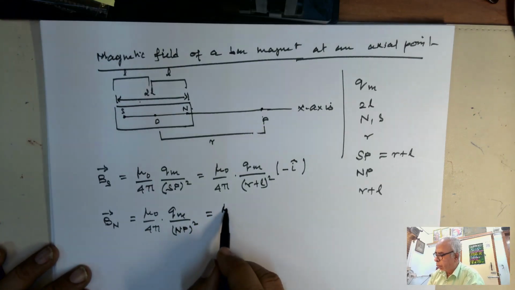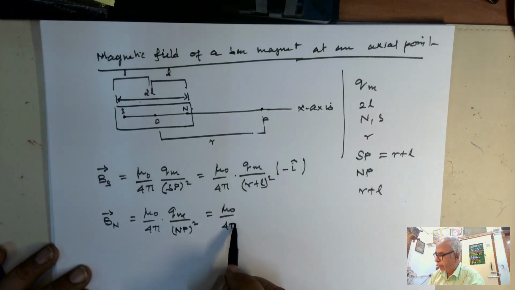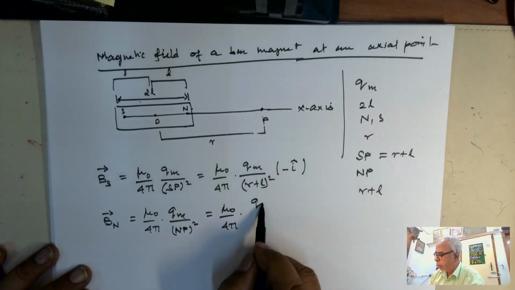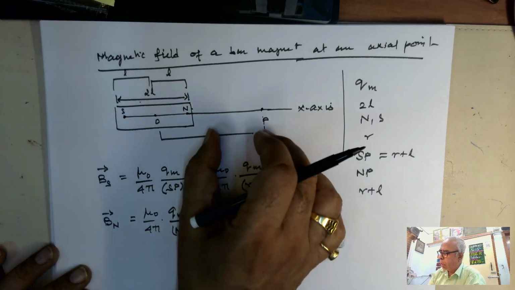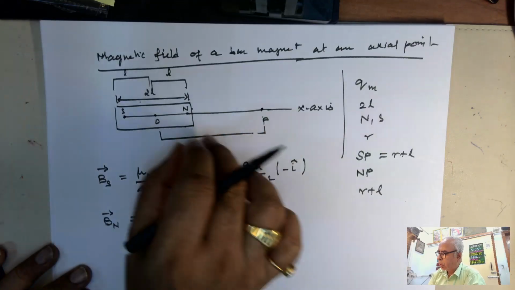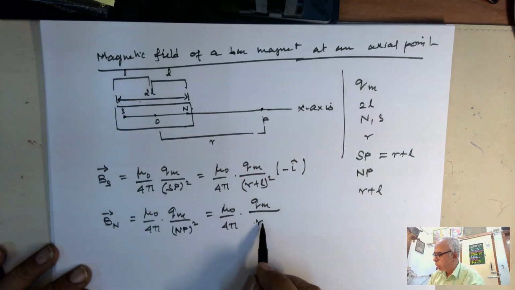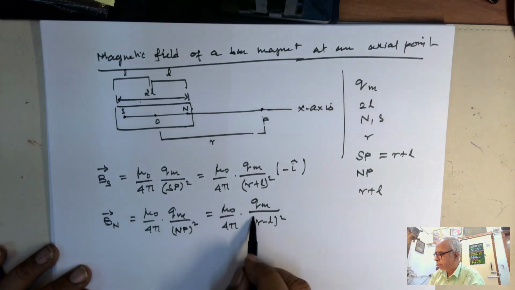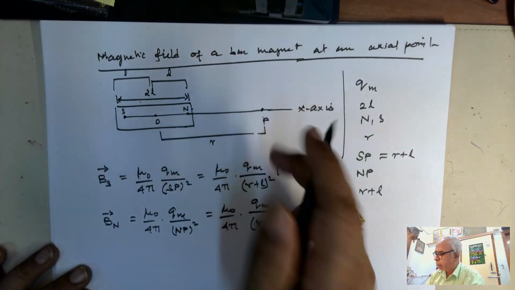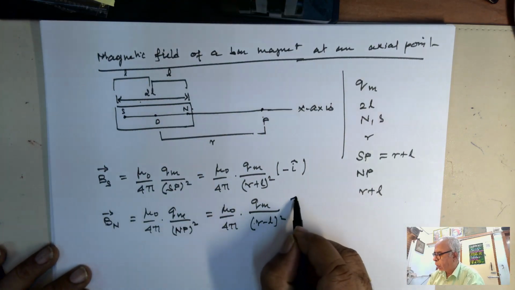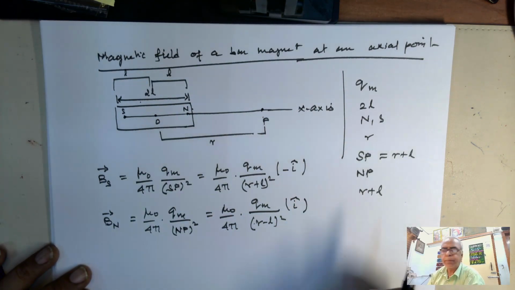That is equal to mu naught divided by 4 pi into Qm divided by R minus L the whole square, because totally this is R and you have to subtract this. It is going in this direction, so i cap along the x-axis.